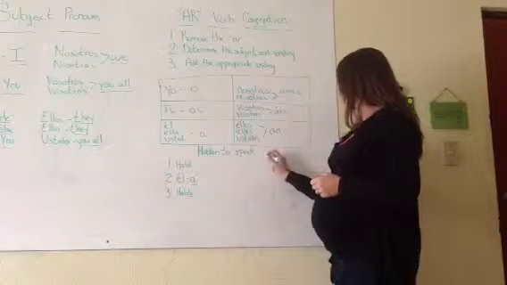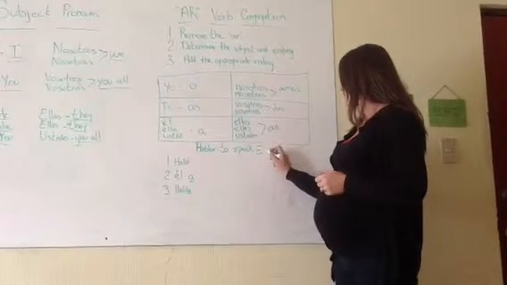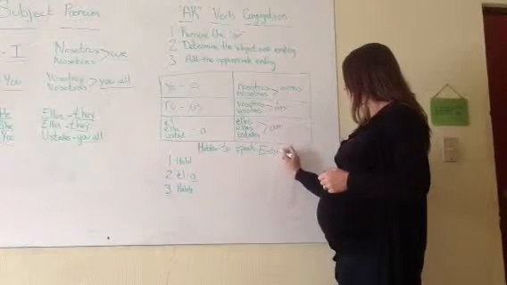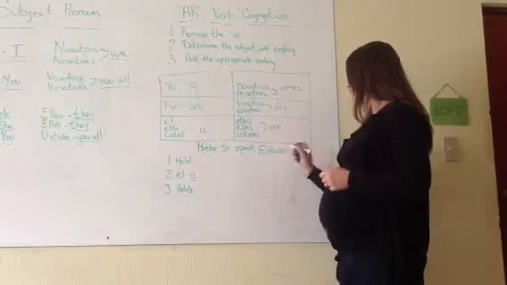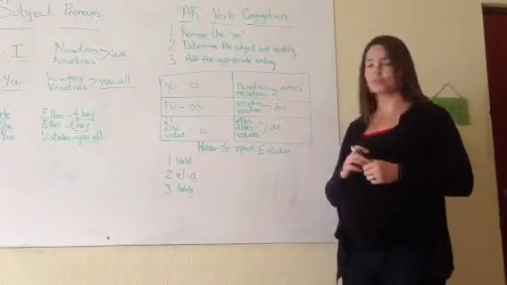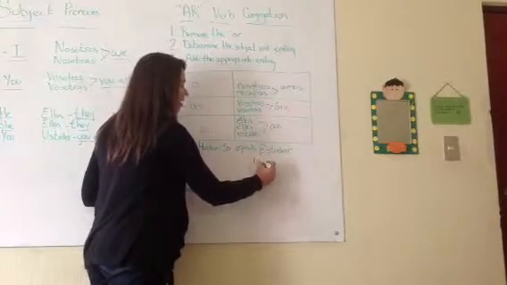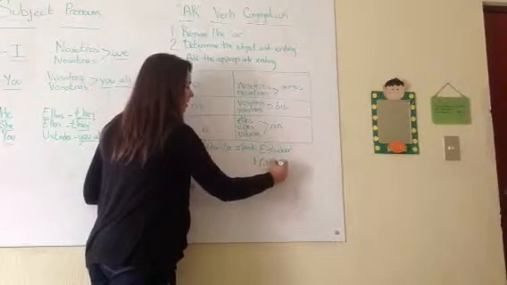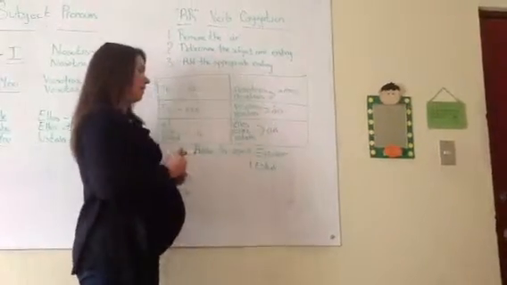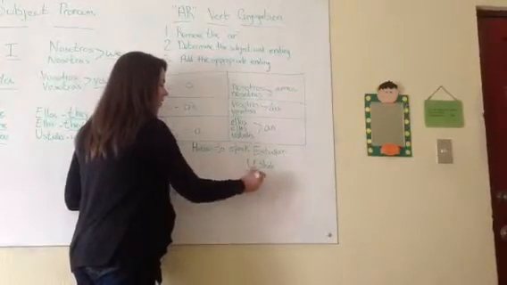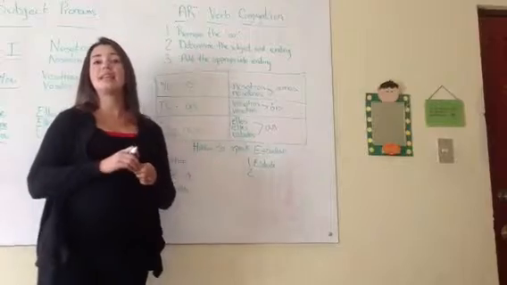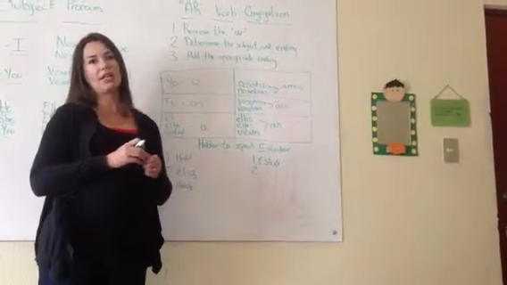Let's give another example. If you have the word such as estudiar, which means to study, the first step is to take off the AR. The second step is to determine the subject. Let's say in this case, I study.